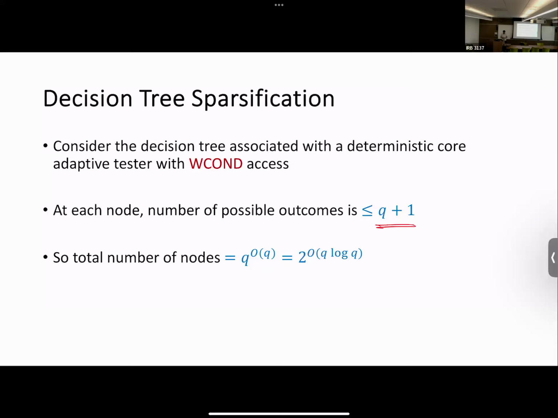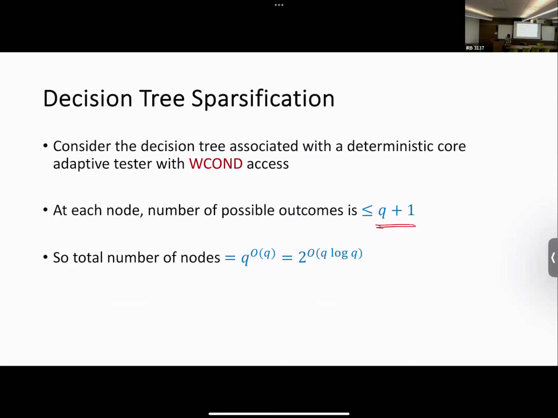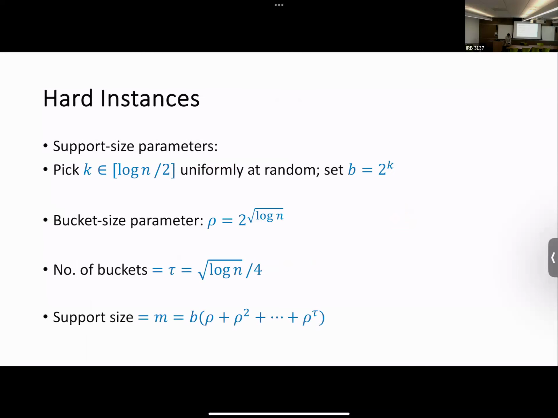Okay, so now a small thing that I want to highlight. I will not go into the details, but I want to give you some glimpse of what the hard instance could be. You can ignore whatever I have written here and just focus on what I'm going to draw. So the hard instance will be of the following form.